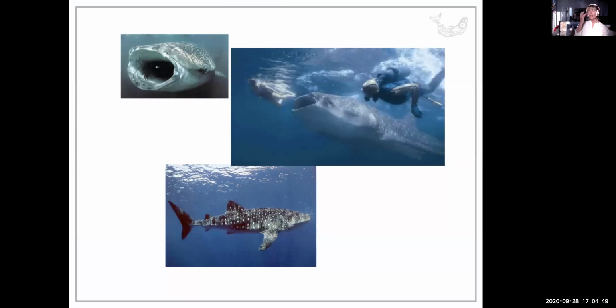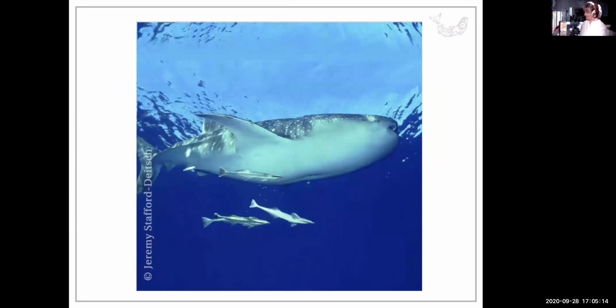The dogfish are about this big, I guess. So they're not huge, but they are predators. So they're a toothed shark. The six-gill shark is also a toothed shark. That's a whale shark.